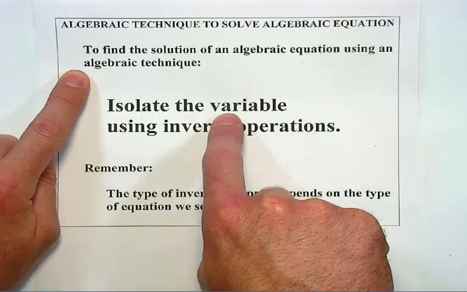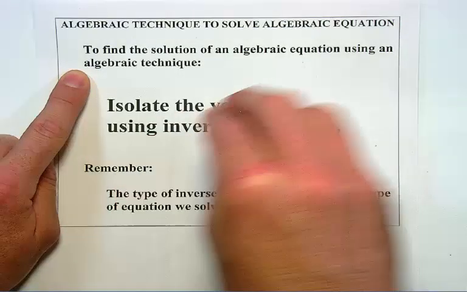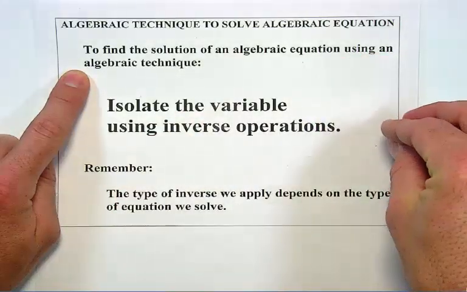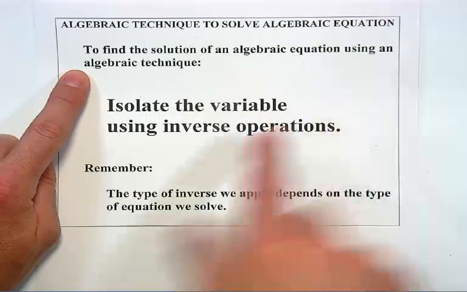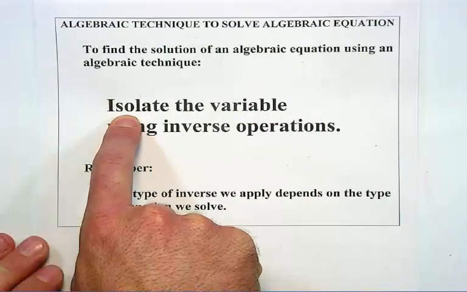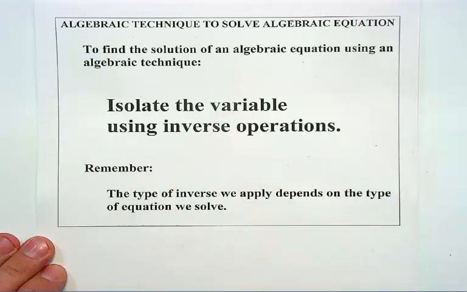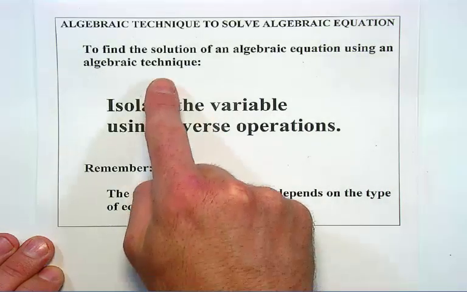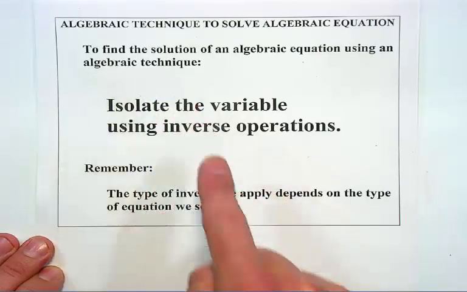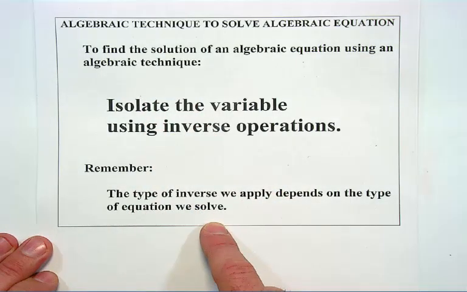Get the variable by itself on one side of the equation. The other side should just be a plain number, variable equals value. So we've gotten the variable isolated, and we did so using inverse operations. The one thing that we said was the algebraic technique depends on the type of equation that we solve.